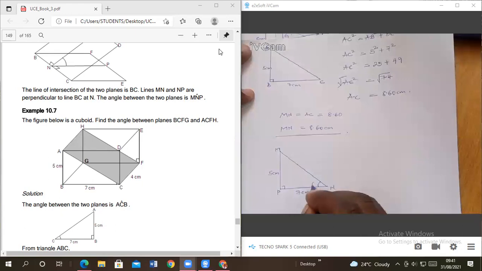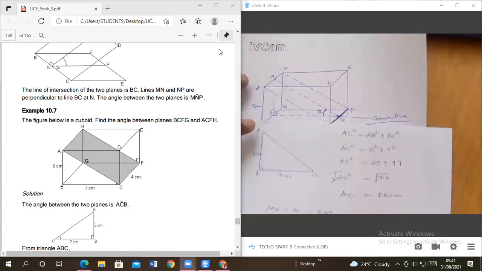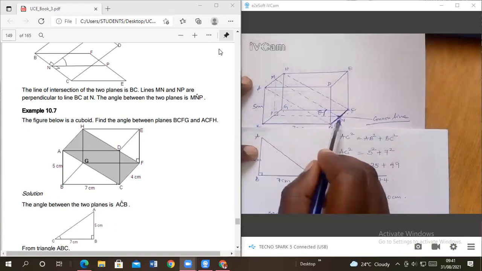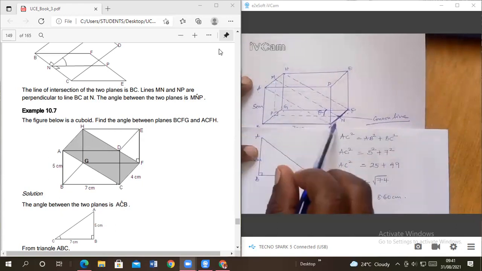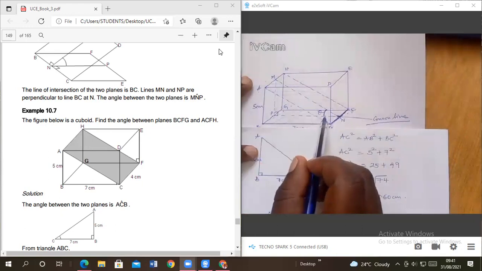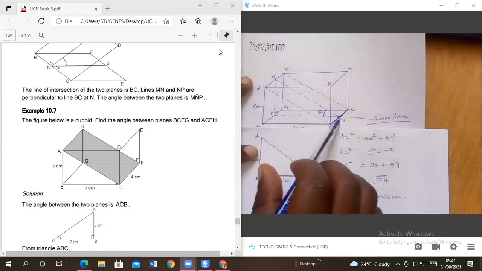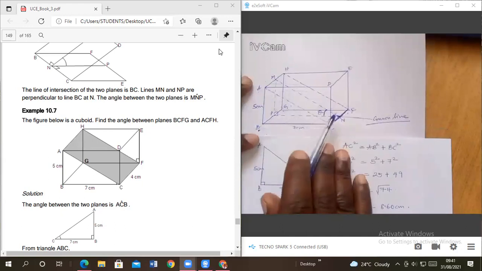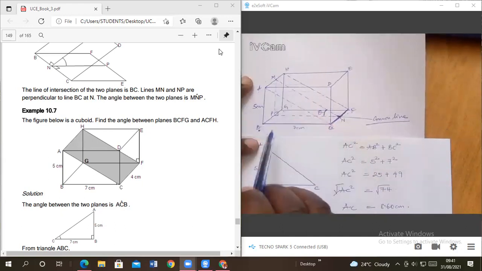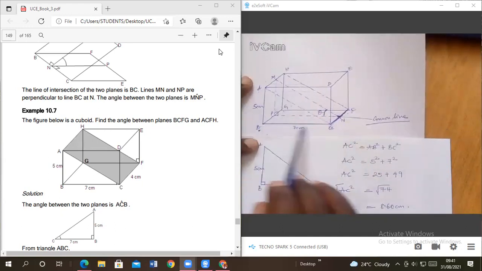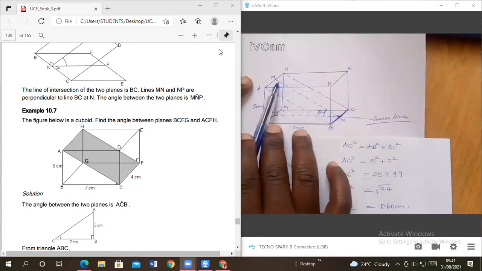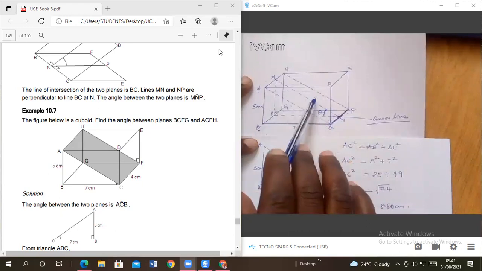So this is the angle they want. The angle they want is the angle that is in between PN and also MN. Why this angle? Because this angle is between these two lines, MN and PN, and MN is on the plane ACFH, whereas PN is on the plane BCFH.